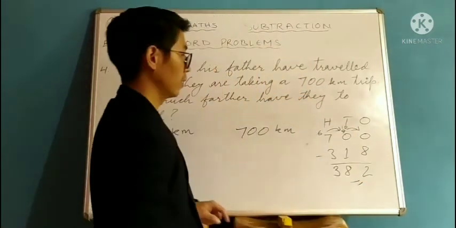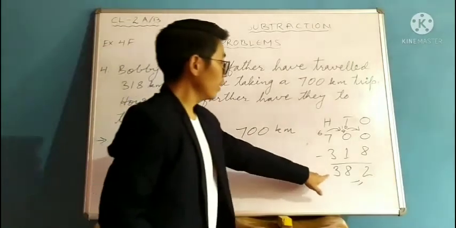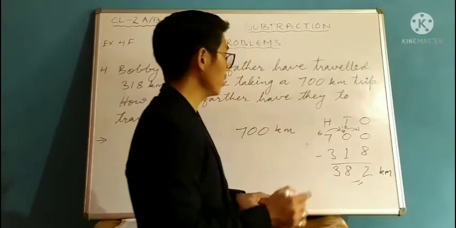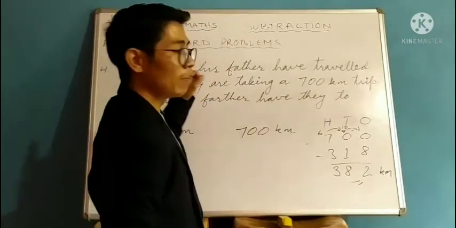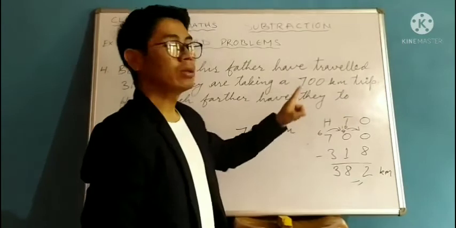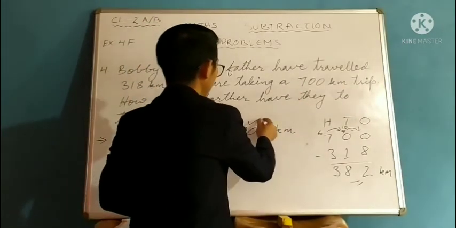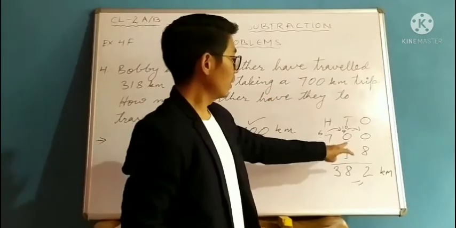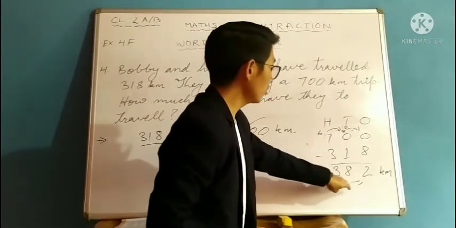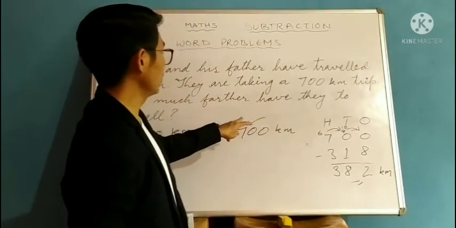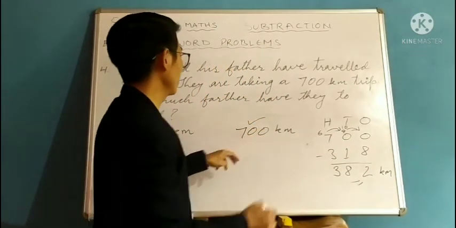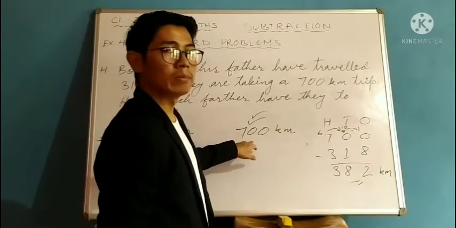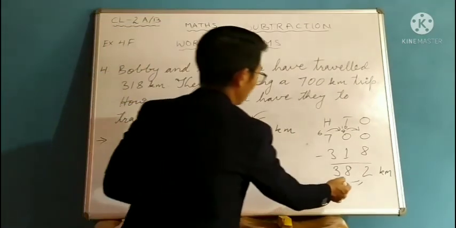Here is the answer, 382 kilometers more they have to travel to reach their final destination. They have to travel 382 more kilometers in order to reach their destination, which is a 700 kilometer trip. So this is your answer.